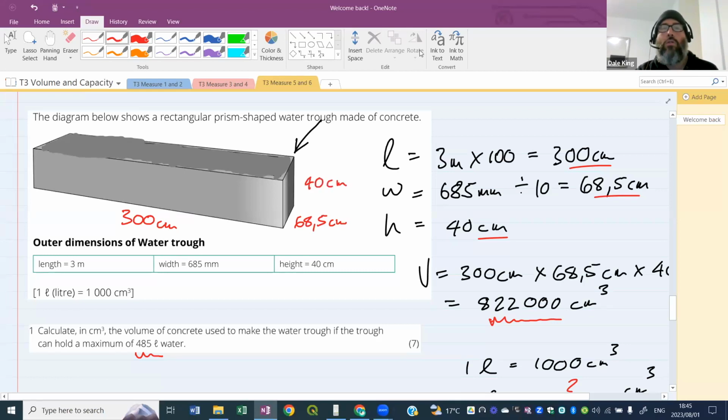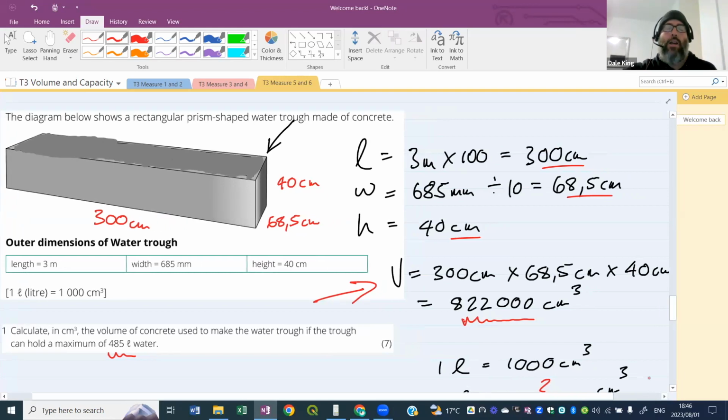Now, if I asked you to determine the volume of this concrete block, you would all go to this formula. Volume is equal to length times breadth times height. You'd sub in all the centimeter values, and you would give me an answer of 822,000 centimeters cubed. That is the volume of this rectangular prism, this concrete block. Okay. You would all be able to do that.